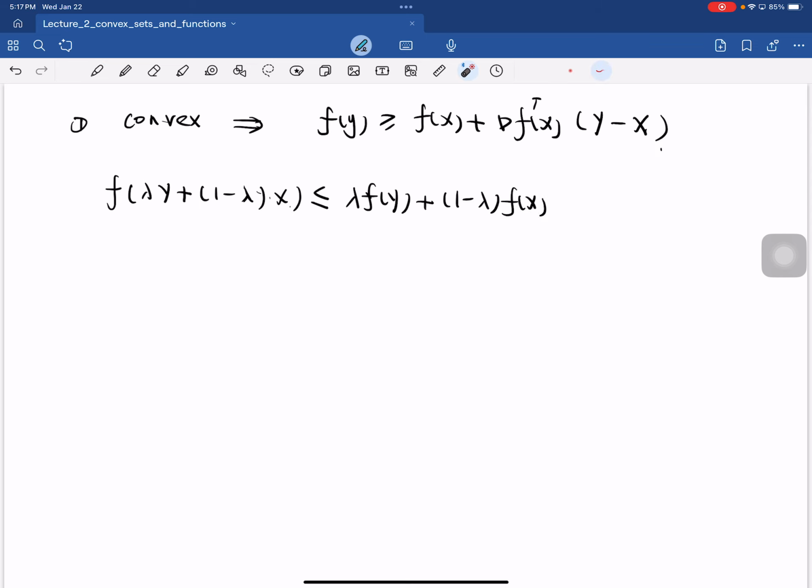So this is a sort of the zeroth order property, because that's what we have so far. We only know the definition of convexity. So it says the zeroth order characterization implies the first order characterization, right?